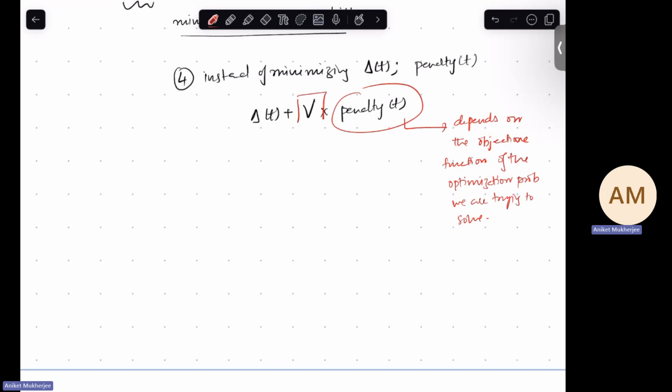This V is a non-negative control parameter.